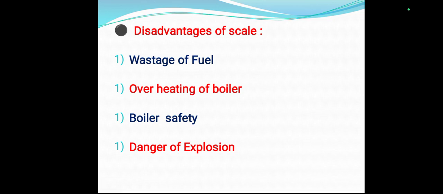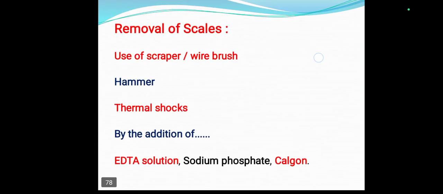So these are the four disadvantages of scales. Then how to remove scale? Simply use a wire brush or a scraper to remove the scale. Second, use a hammer, as the scales are strong and very hard. Then third, thermal shocks. Through thermal shocks, you can remove the scales.